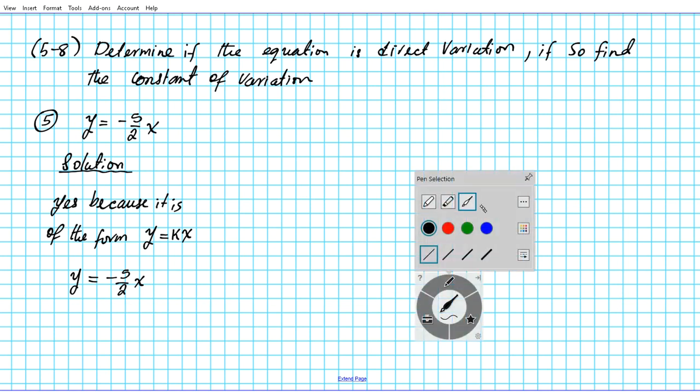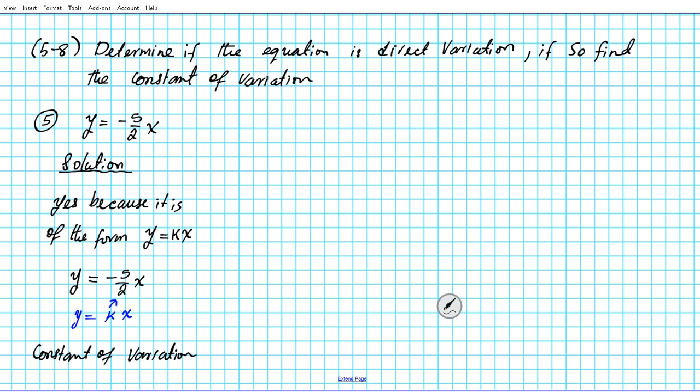Okay, so we have y equals kx as a general form. So what is k? The coefficient of x is k when it's written in y equals kx form. So the constant of variation k is negative 5 over 2.